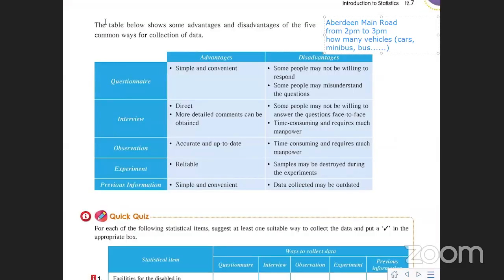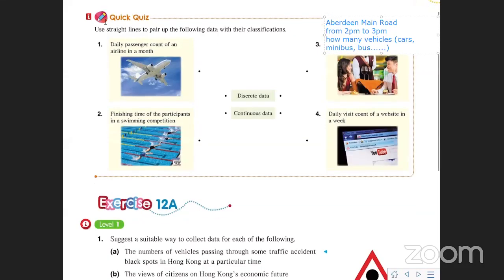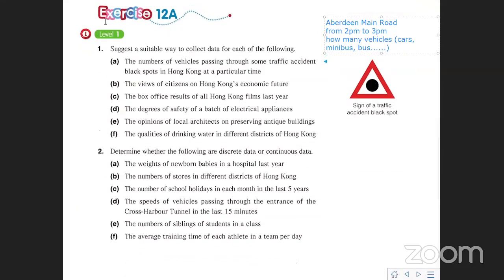Basically there are 5. Therefore, you can just choose from the 5 methods that we discussed yesterday and see which one is more suitable for this case. Similar for the others from part B to part F.